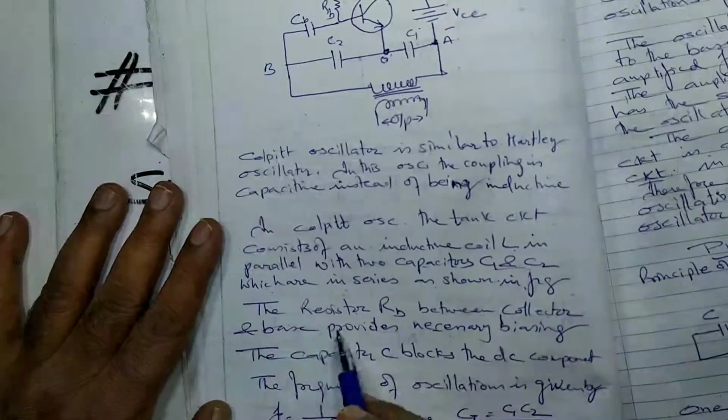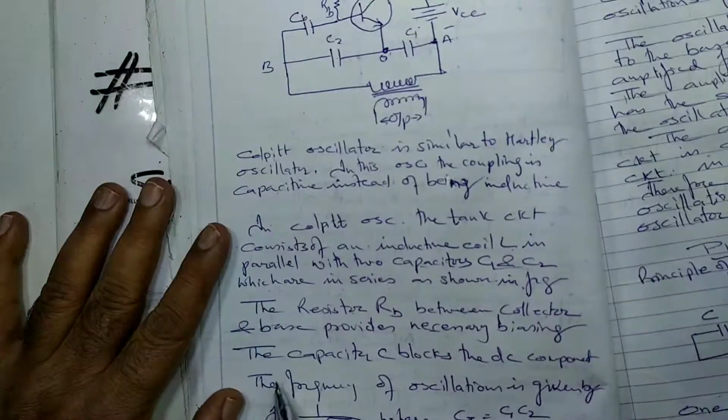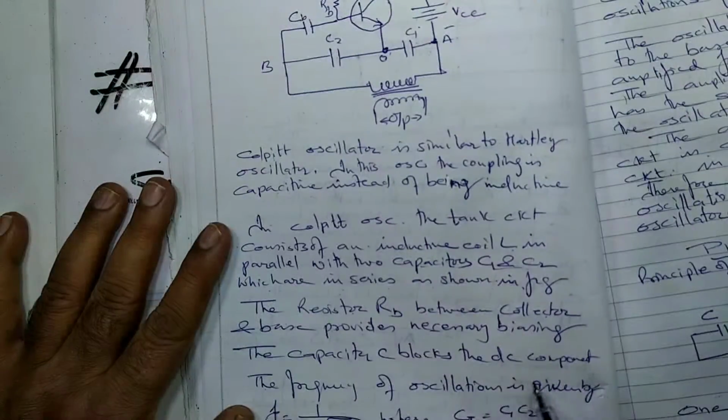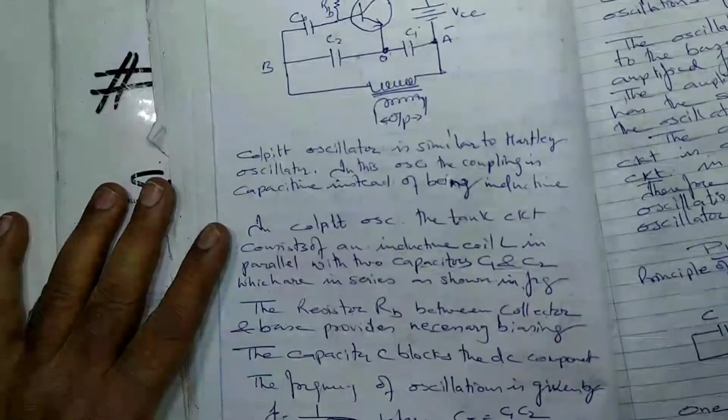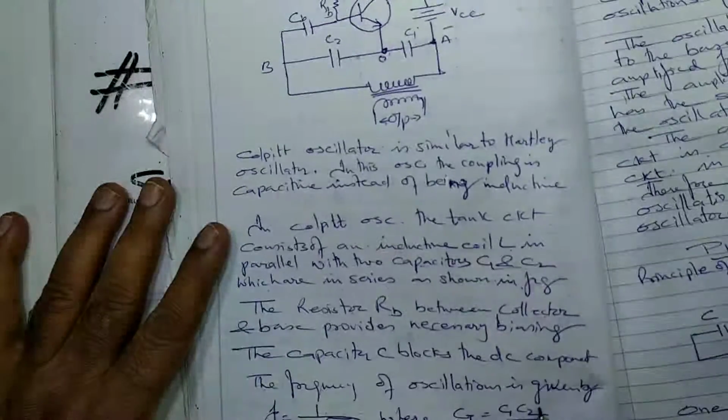The resistor RB between collector and base provides necessary biasing. The capacitor C blocks the DC component of the current, and the frequency of oscillation is given by F is equal to 1 upon 2 pi under root of L CT, where CT is equal to C1 C2 upon C1 plus C2.